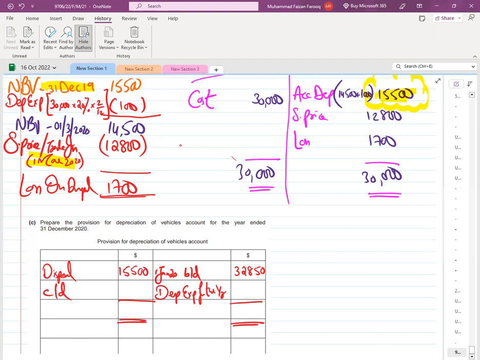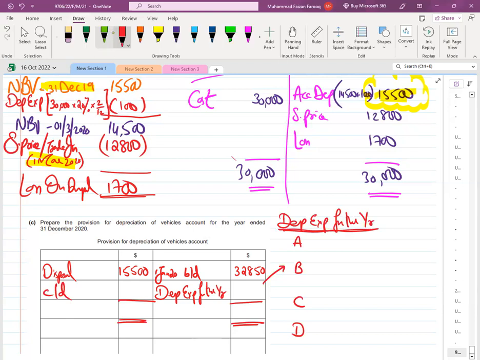Depreciation expense for the year we need to compute. How many assets do we have? A, B, C, and we bought D, right or wrong? Here we are calculating depreciation expense for the year, for only 1 year, right or wrong? And this year is 1st of January 2020 till 31st of December 2020.